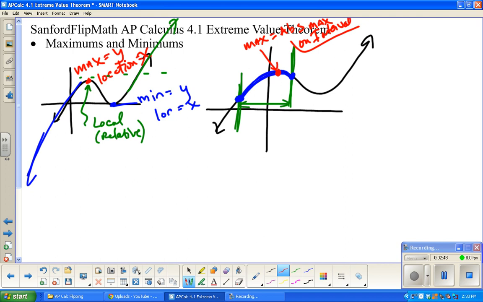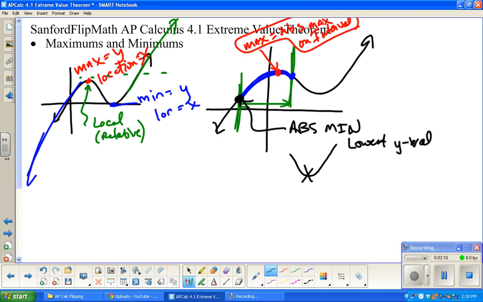Okay, so there's a distinction between maximums and minimums on an entire function, on an entire equation, a graph, or just on a part of it. Now related to that, this would be the absolute minimum in that interval. And notice it's not a spot where it goes down and comes back up. It was just the lowest y value.